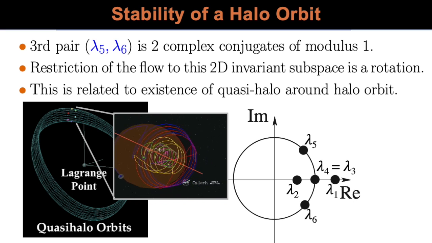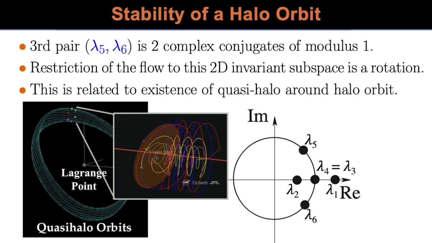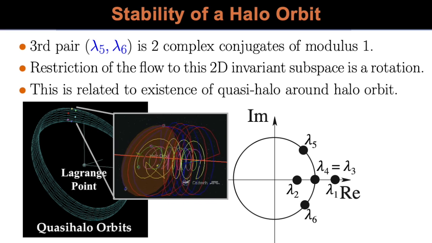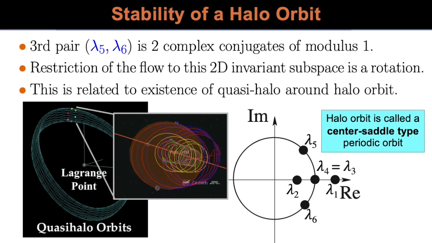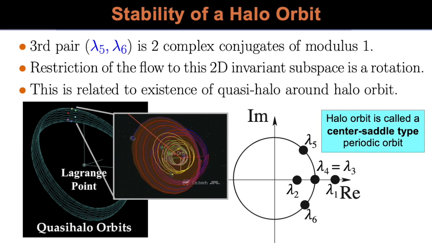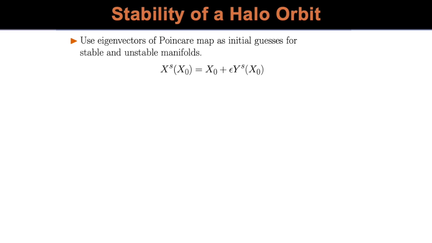We've got those two eigenvalues, 1, which are neutrally stable directions, and then lambda 5 and lambda 6 have something to do with the frequency of rotating around the quasi-halo orbit. So a halo orbit is called in the Hamiltonian literature a center-saddle type periodic orbit because it has saddle directions, and then this quasi-halo stuff are the center directions.